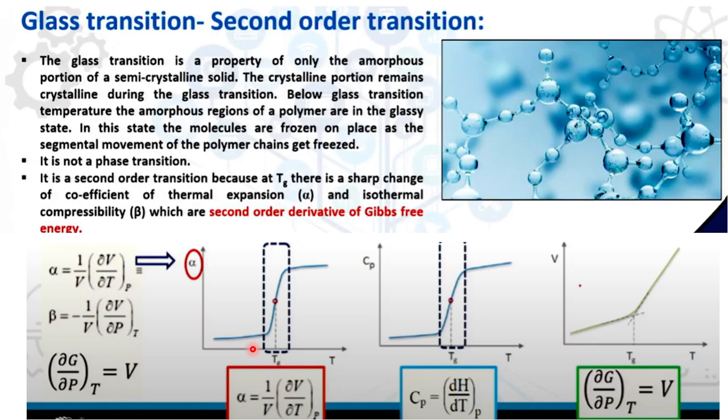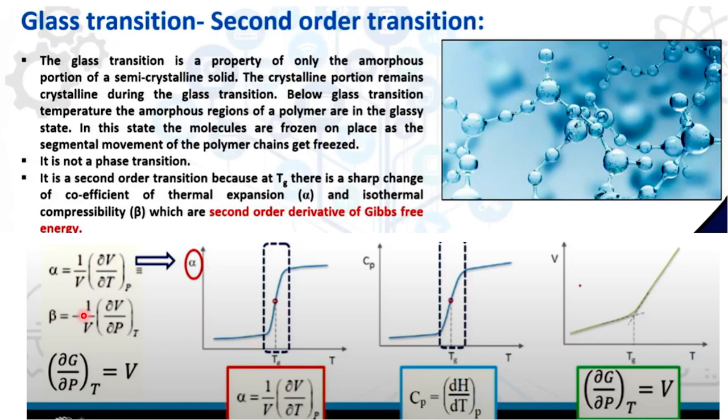But it is not a phase transition. In case of melting, the solid is converting to liquid, but in case of glass transition, no phase change is occurring. And why is it a secondary transition? Because properties like thermal compressibility, isothermal compressibility, or expansion actually change during the glass transition.